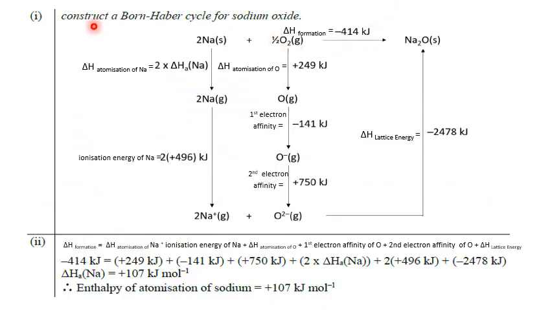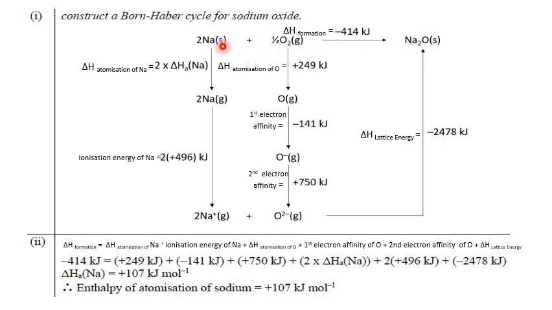Next, we construct a Born-Haber cycle for sodium oxide. First, we must form the equation for enthalpy of formation. The product is sodium oxide, with sodium of charge positive 1 and oxygen of charge negative 2, so that's why Na2O. Here, 2 moles of sodium react with half mole of oxygen and produce 1 mole of sodium oxide.